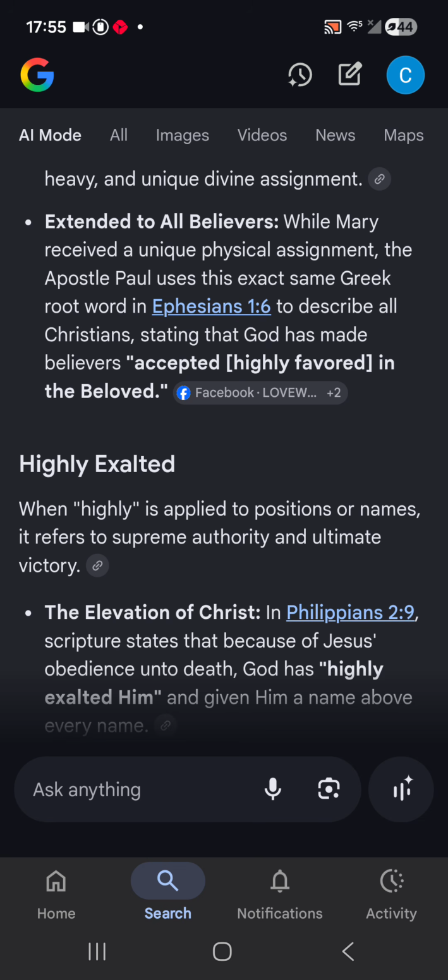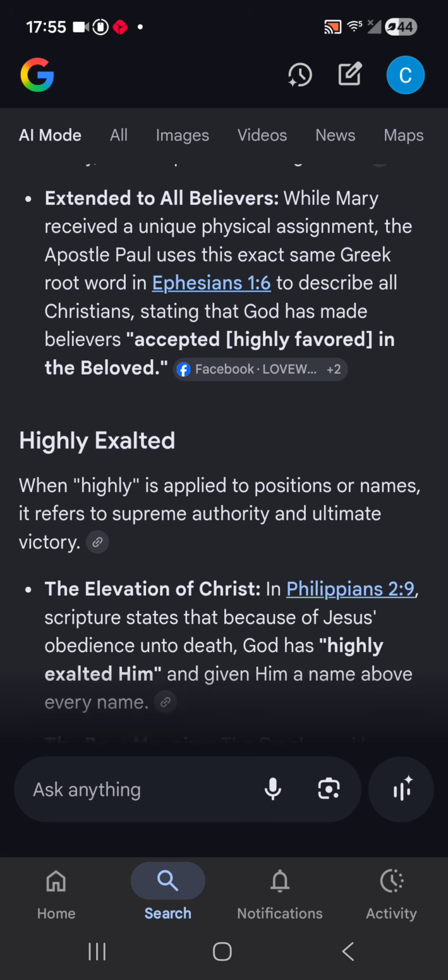While Mary received a unique physical assignment, the Apostle Paul uses the exact same Greek root word in Ephesians 1:6 to describe all Christians, standing that God has made believers accepted, highly favored in the beloved.